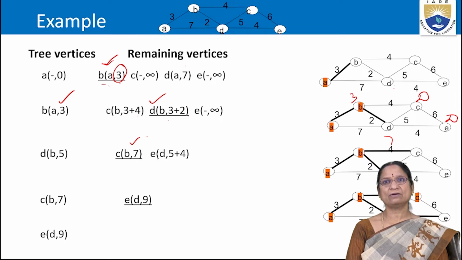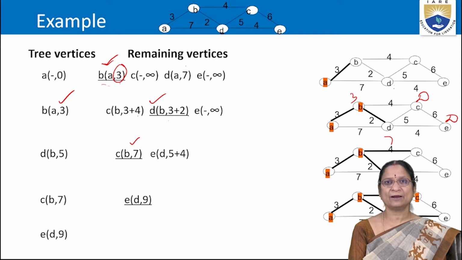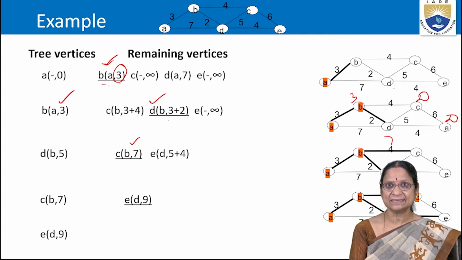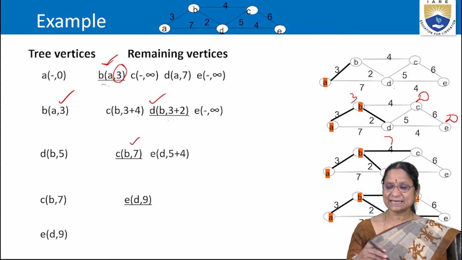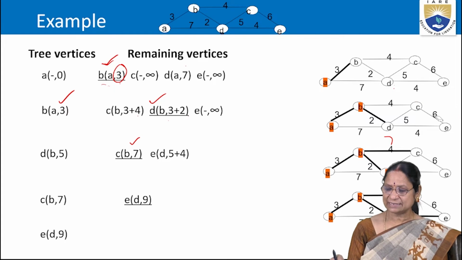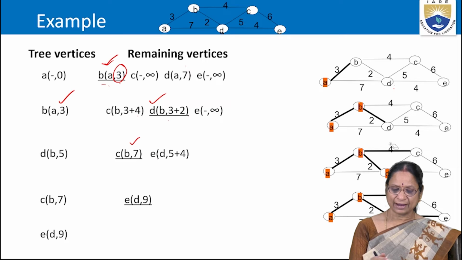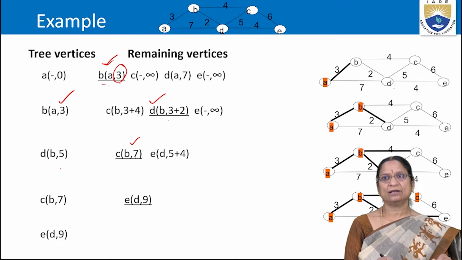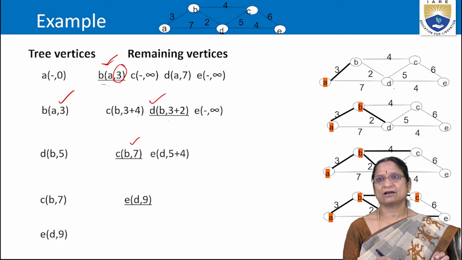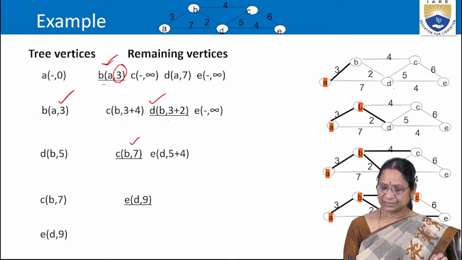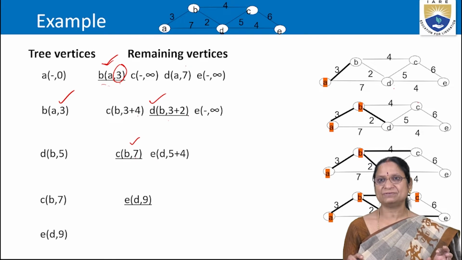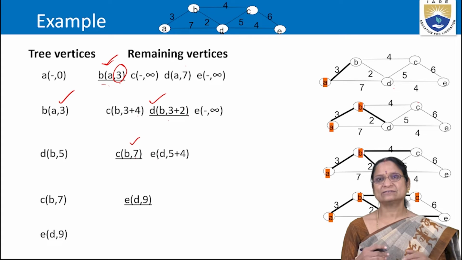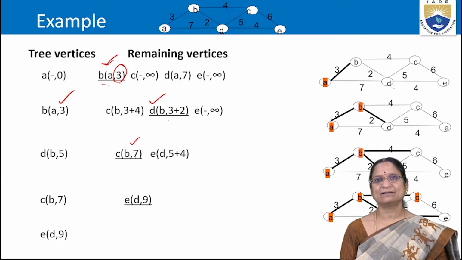Hope you understand. The relaxation rule need not be updated always, only if the condition is satisfied. The previously estimated value to C is 7 and this 7 is better than going through B or through D. Up to D what is the cost? 3 plus 2 is 5, 5 plus 5 is 10. 10 is going to be more than the already estimated cost 7.